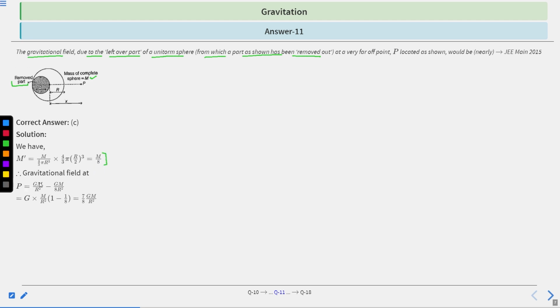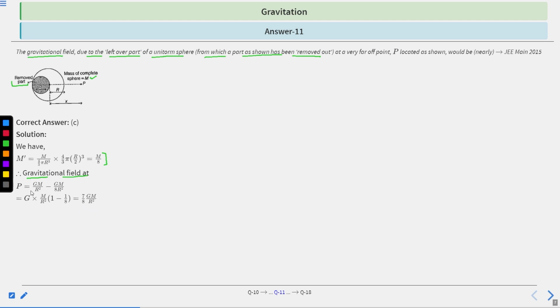So the gravitational field at P is equal to GM divided by r square minus GM divided by 8r square. After solving this, you will get 7 by 8 GM divided by r square.